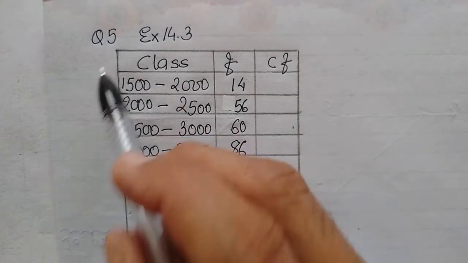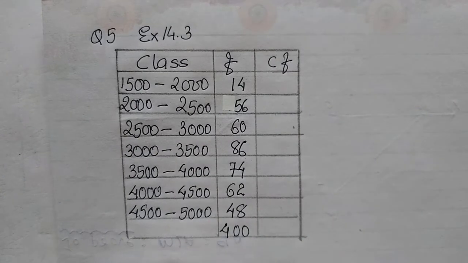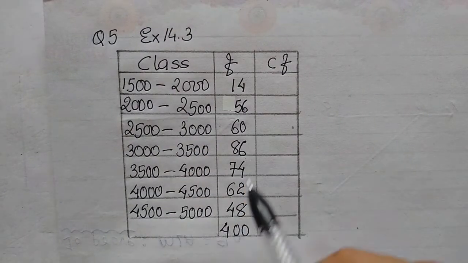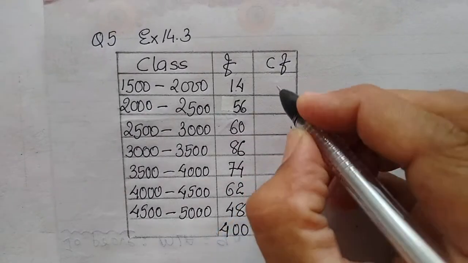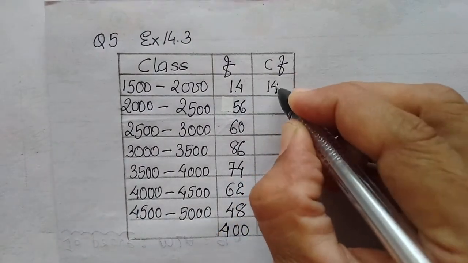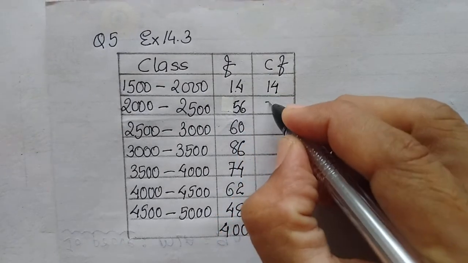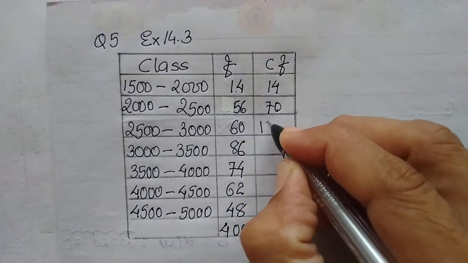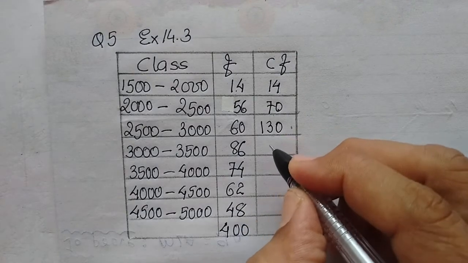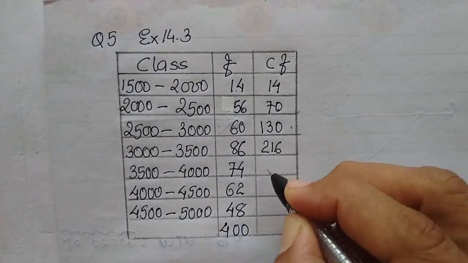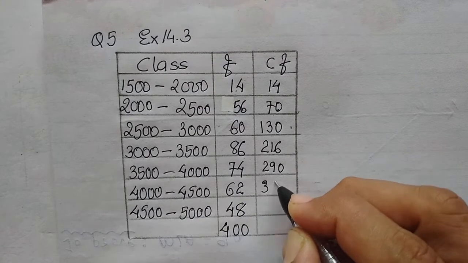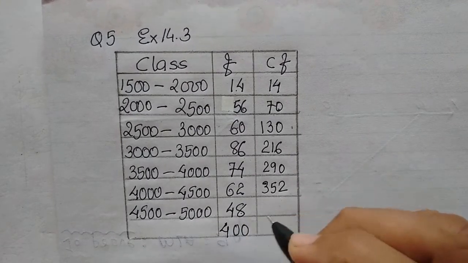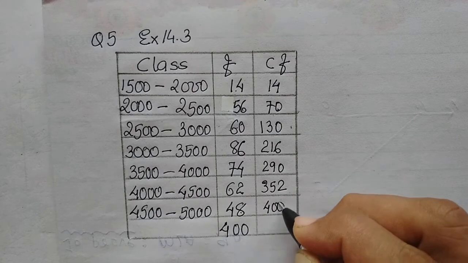Question number 5. Here this is the class, frequency, CF. Now we write the CF. This 14 comes as it is. 14 plus 56, 70, 130, 216, 290, 352, and 352 plus 48, 400.